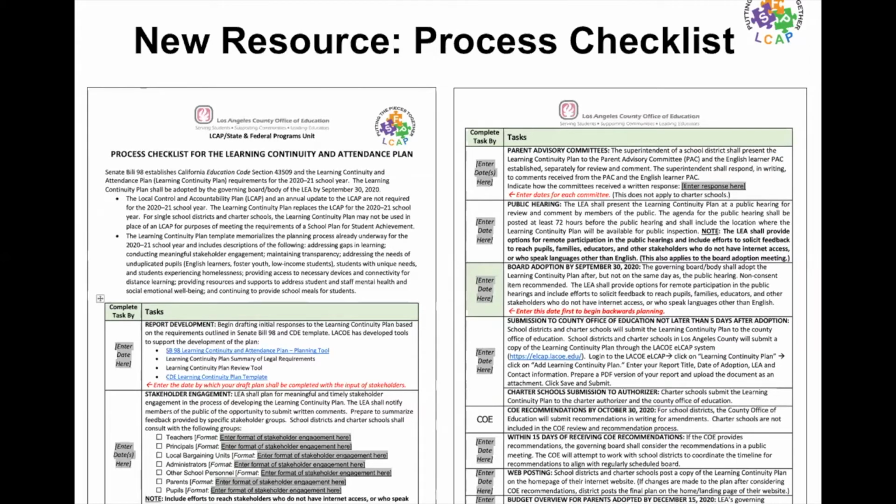You will see this document along with our other learning continuity plan resources posted to our LACOE LCAP unit webpage. I'm going to review the contents of this document in the next few slides. This might be a little bit small font size on your computer screen, so we're just going to take you through some of the key process-related tasks.